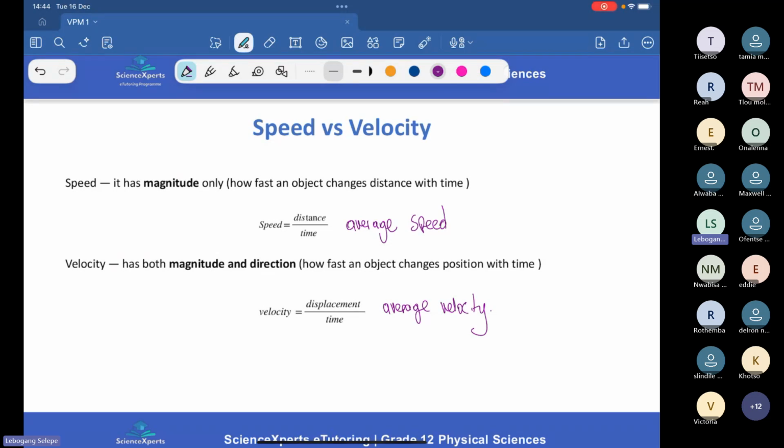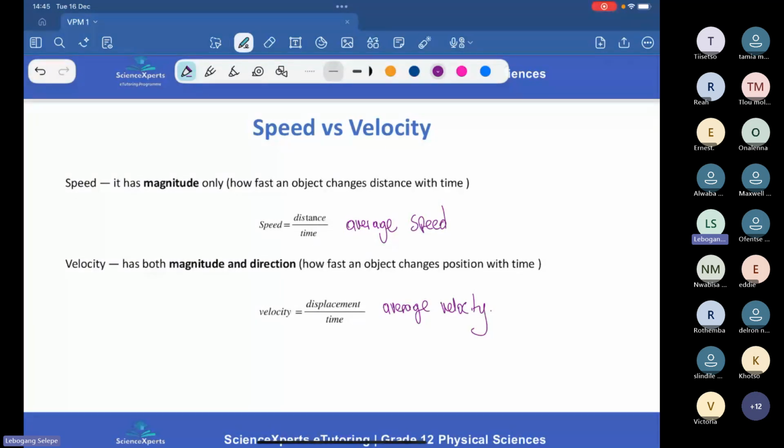Speed looks at how fast you change distance. As you can see, it's distance over time, whereas velocity looks at how fast you are displaced, or how fast your position changes. So it's changing position over changing time. They are closely related but not the same. But the instantaneous velocity of an object and instantaneous speed at the same point would be the same.